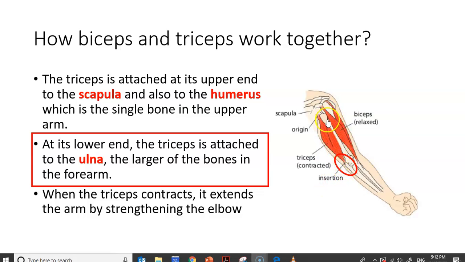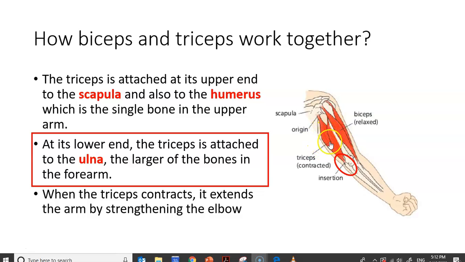Triceps is attached in the upper side to humerus and scapula, but in the lower side, triceps is attaching to the ulna. And the ulna is what? Do you remember? Under the radius. So with these specific types of attachment, triceps is not attached to radius, it's attached to ulna, because by contraction it can make the forearm get extended.